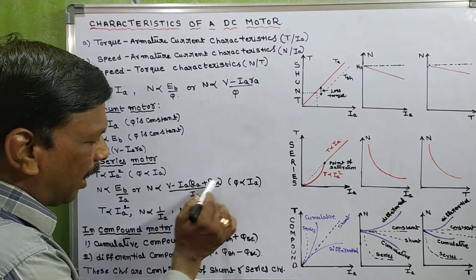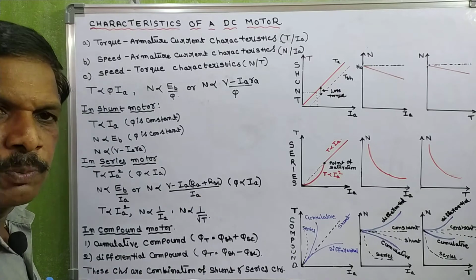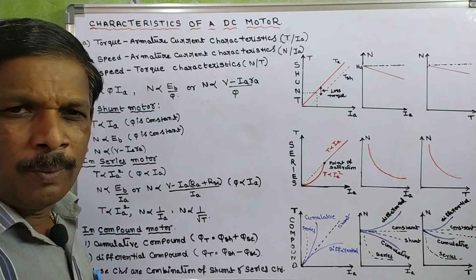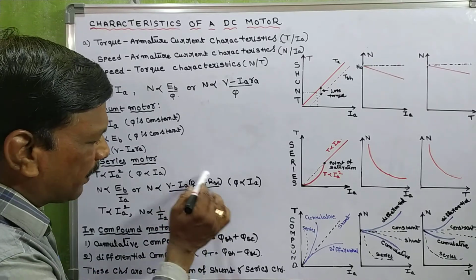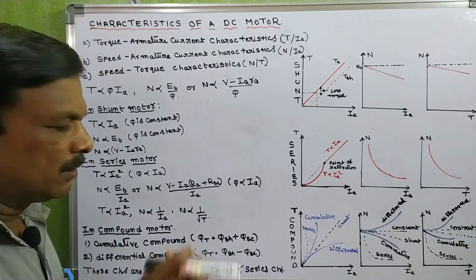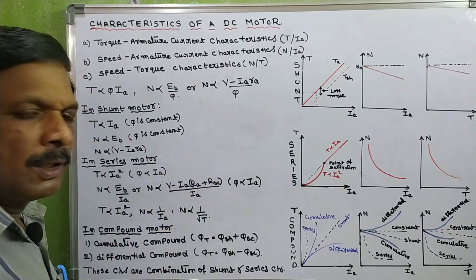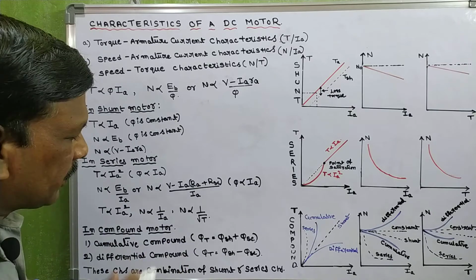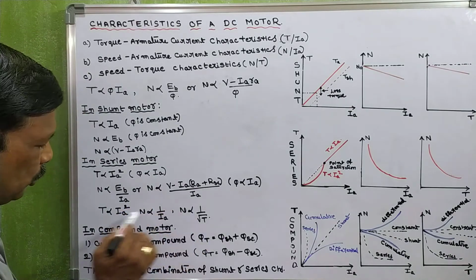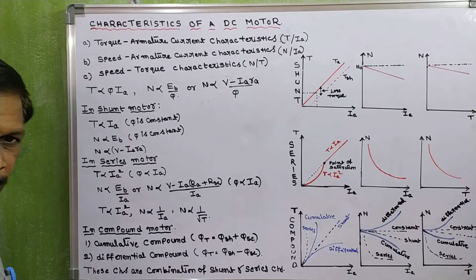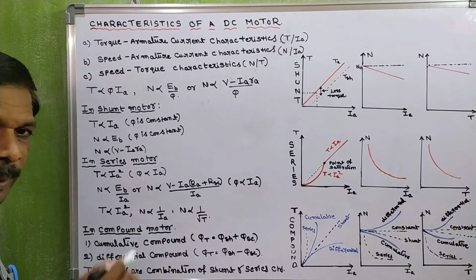Here RA and RSC in series motor are very low. That's why this drop is neglected and we assume the drop is constant. At that time, N is proportional to 1 by Ia.